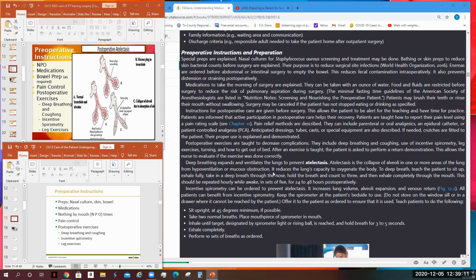To deep breathe, teach the patient to sit up, exhale fully, take in a deep breath through the nose, hold the breath and count to 3, and then exhale completely through the mouth. This should be repeated hourly while awake in sets of 5 for 24 to 48 hours post-operatively.